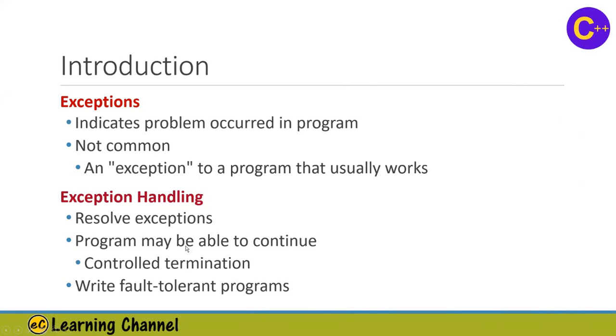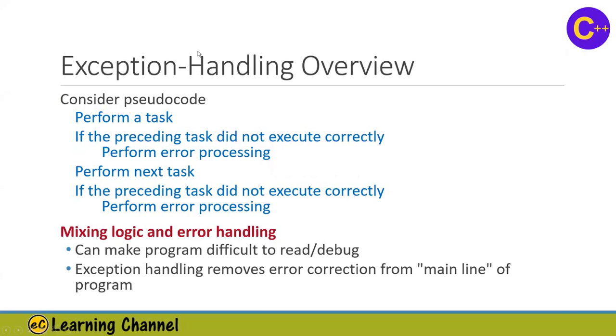Either one. You can continue, like in my input error case: if I enter something wrong, I let it continue to ask until a good input happens. But some programs may just want a controlled termination.